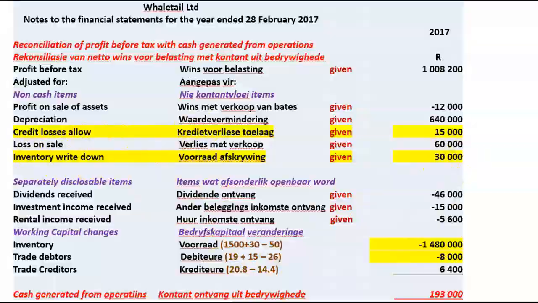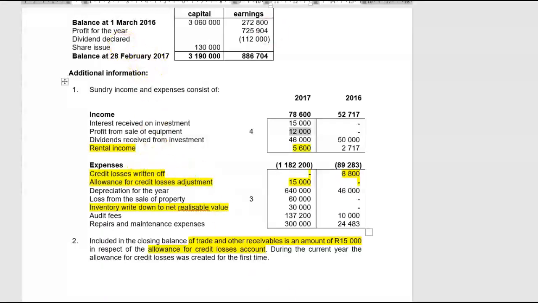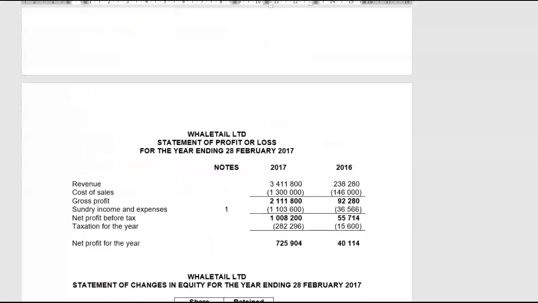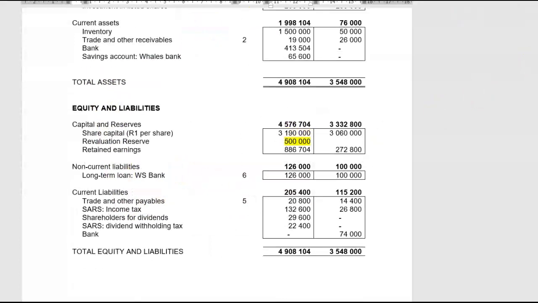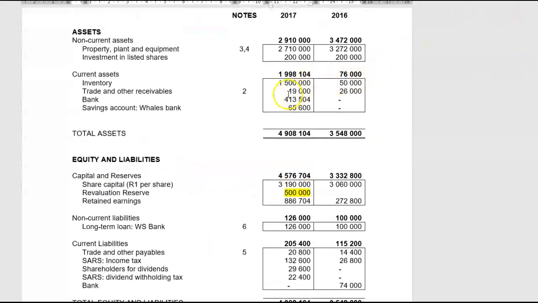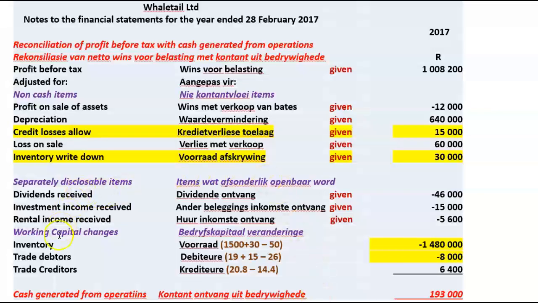When you work out the movement in inventory for the year, when we get to working capital changes, remember that you have to adjust your inventory figure, that figure of 1.5 million, with a write down, first you have to add the 30,000 and then compare it to last year's figure. They had a huge increase in inventory here.